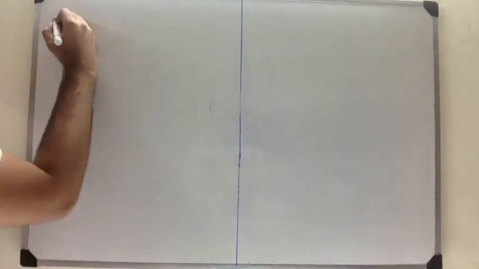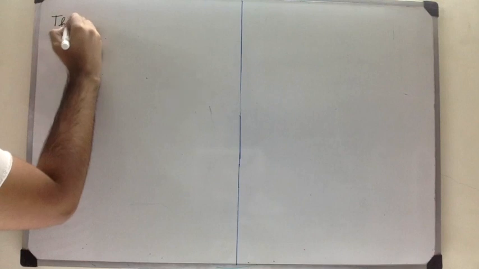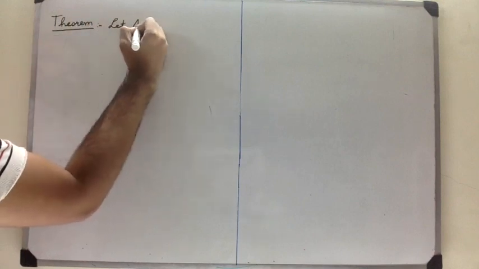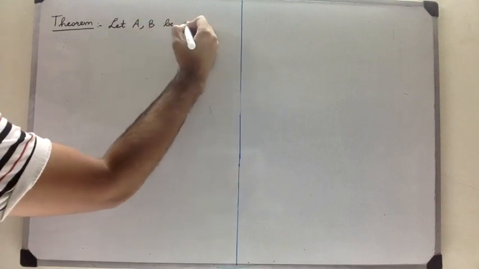We'll now state another separation theorem. However, the proof is extremely simple because we have already done all the heavy lifting in the proof of the earlier theorem. The statement is this. Let A, B be convex sets.